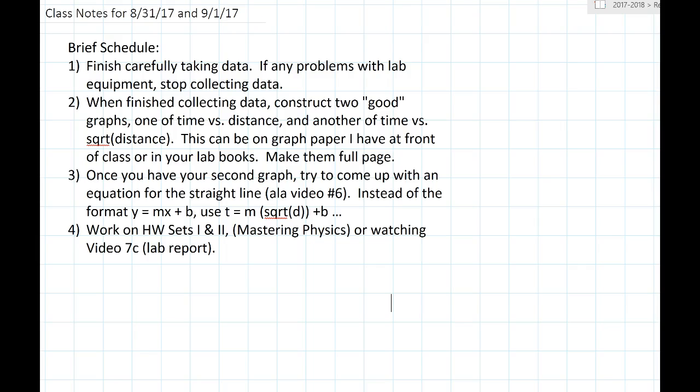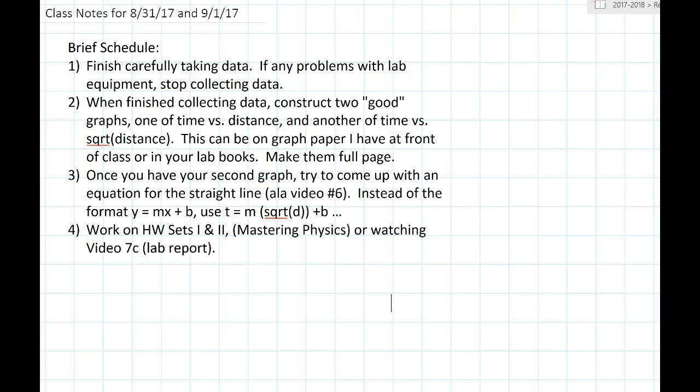There were a number of things that could come up with taking data because this equipment is a little bit old. And so I'm just asking you to try to take data very carefully and be careful with the equipment. Okay?